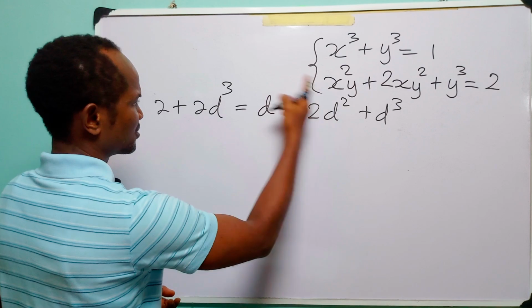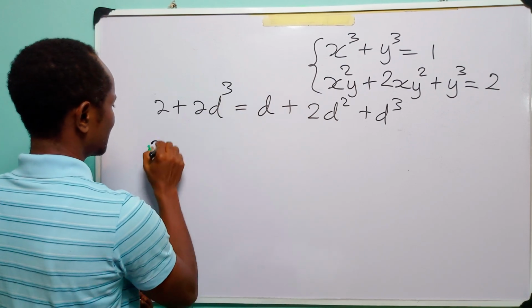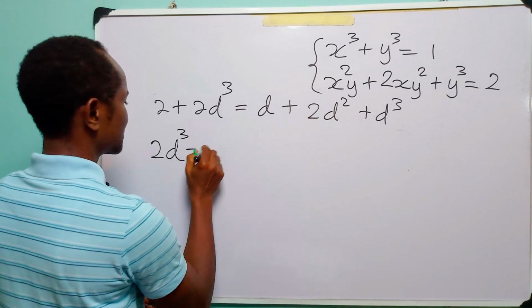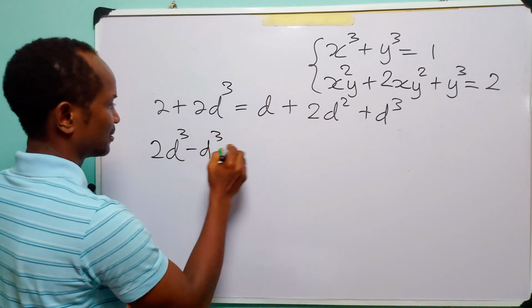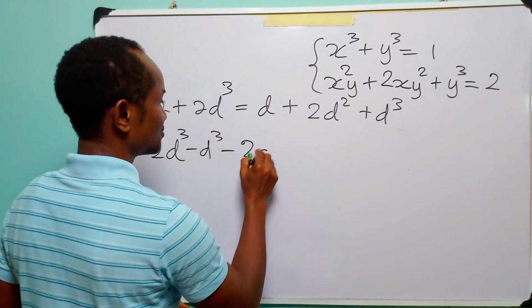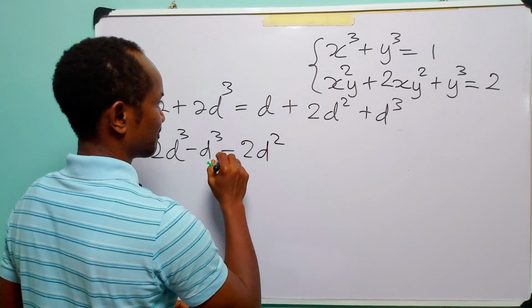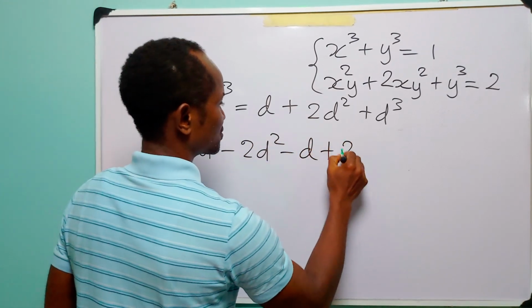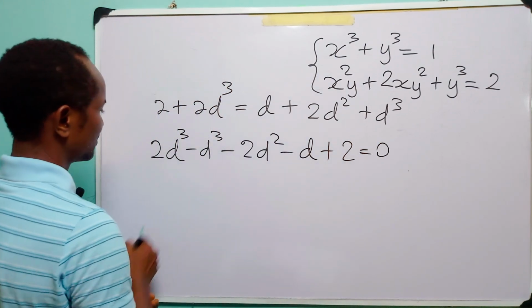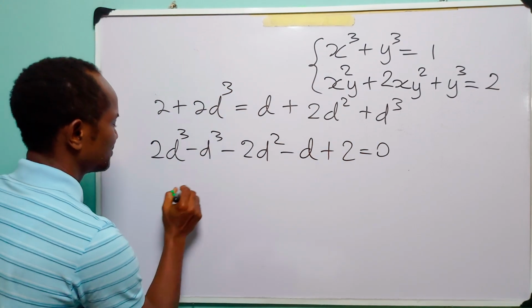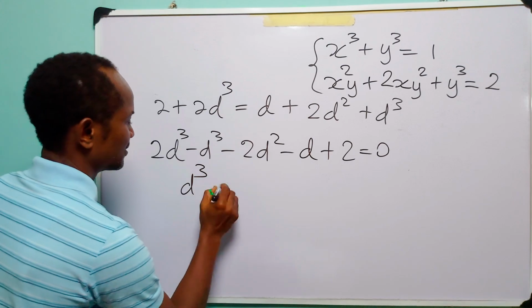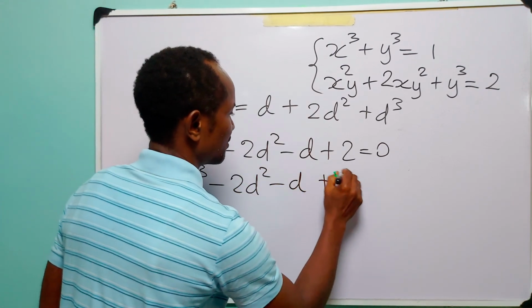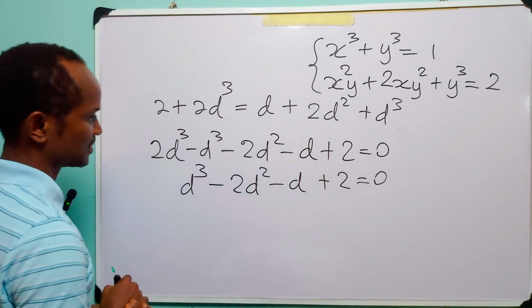Now bringing all the terms over to the left hand side, we have 2d cubed minus d cubed minus 2d squared minus d plus 2 is equal to 0. 2d cubed minus d cubed is d cubed, so d cubed minus 2d squared minus d plus 2 is equal to 0.